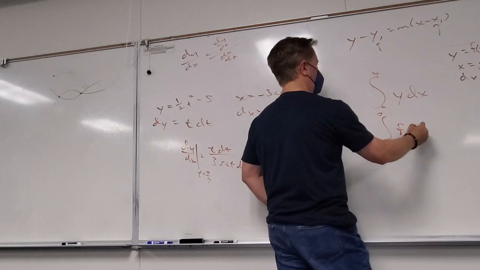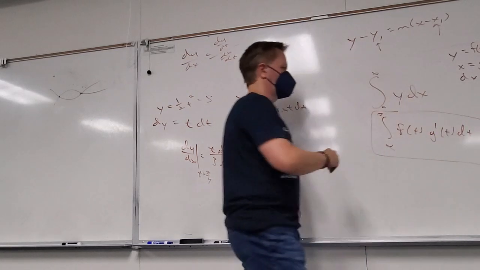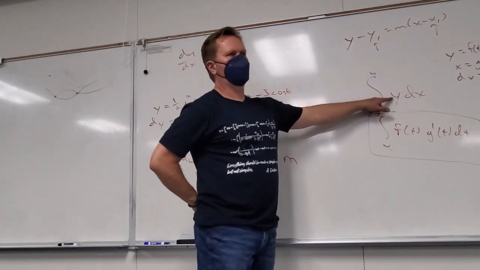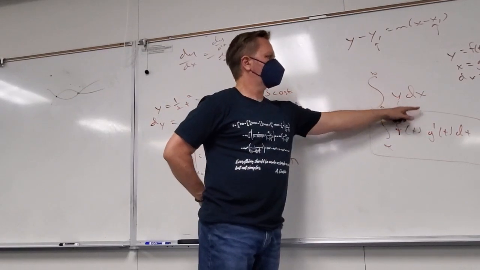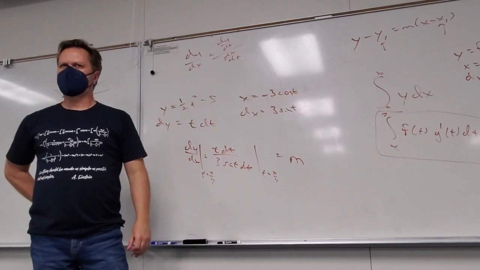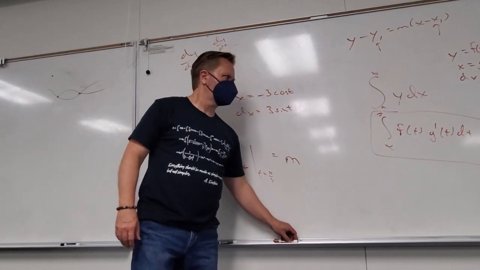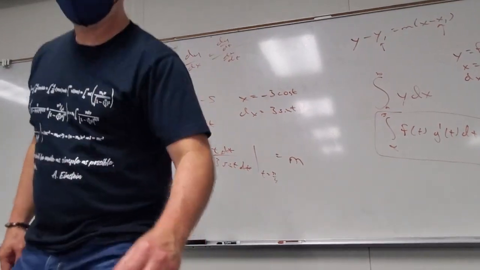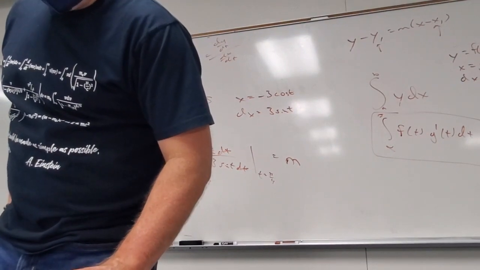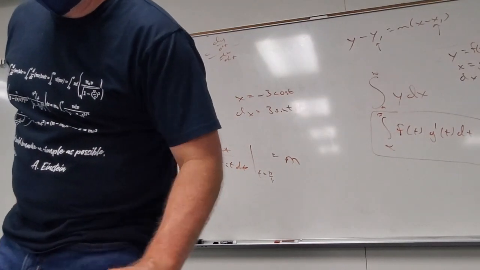So this would be f of t, g prime of t dt. Right? So you start with calc 1 and you just replace stuff. That is something I could throw on there if I wanted to. That's in the homework. I think that's the only kind of problem that's not on the practice test that I might put on there.